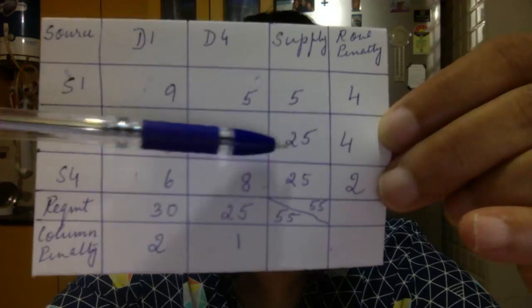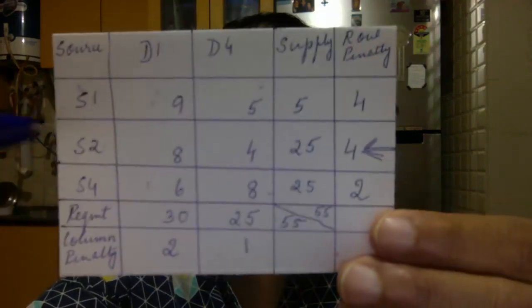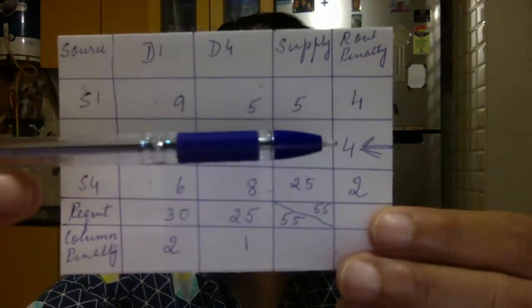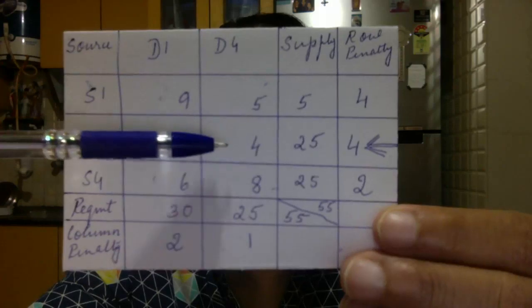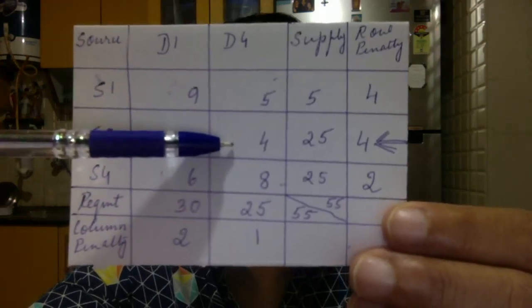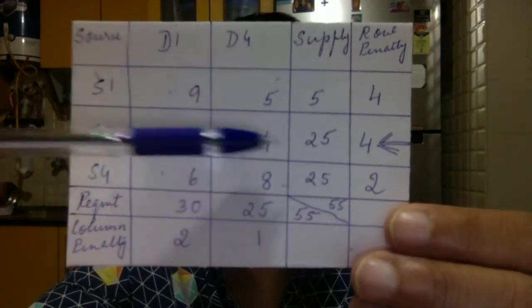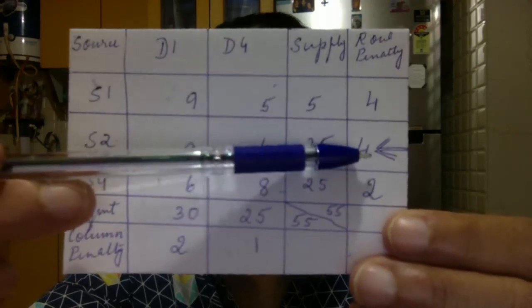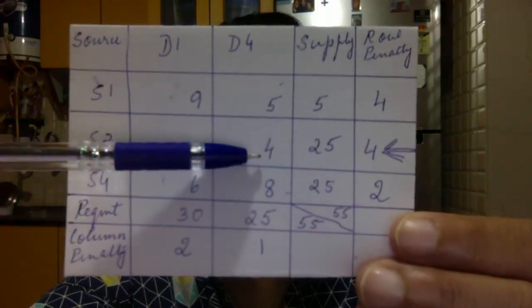So I would like to select the second row penalty, and I will allot to this cell.